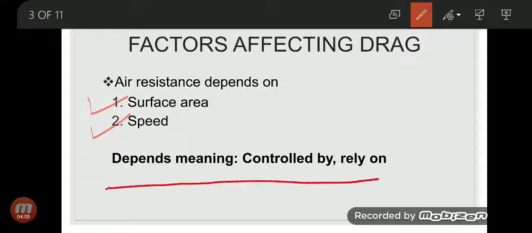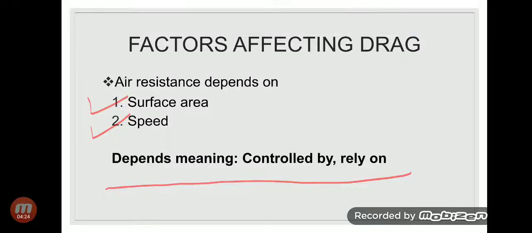The meaning of depends is controlled by, or rely on. So you can say that surface area and speed will control the air resistance or drag. I repeat that air resistance is controlled by or depends on surface area and speed.